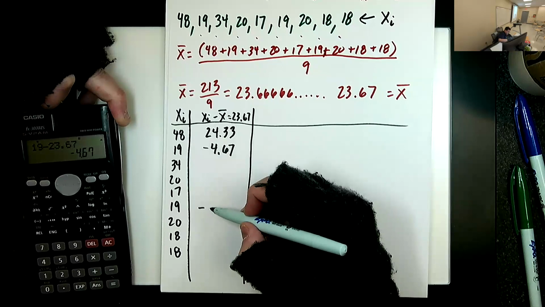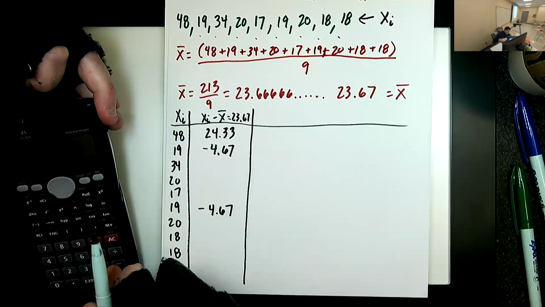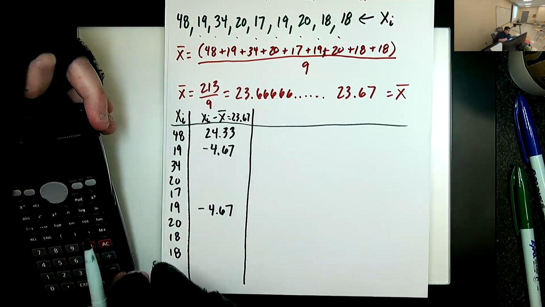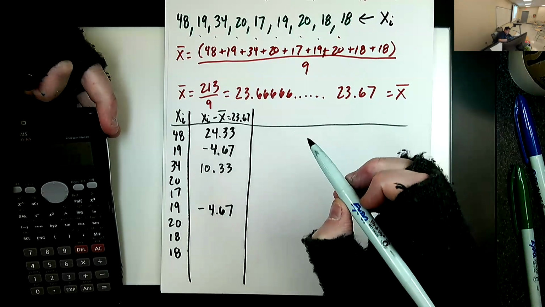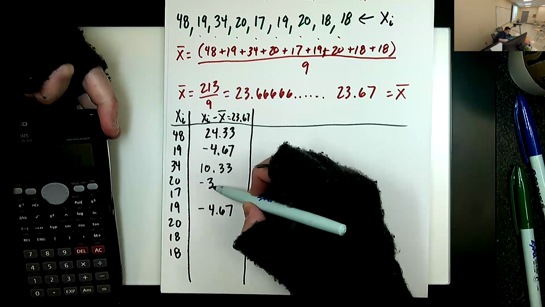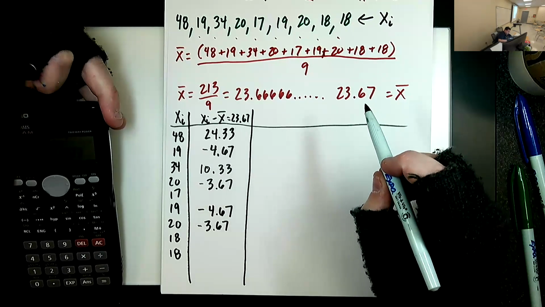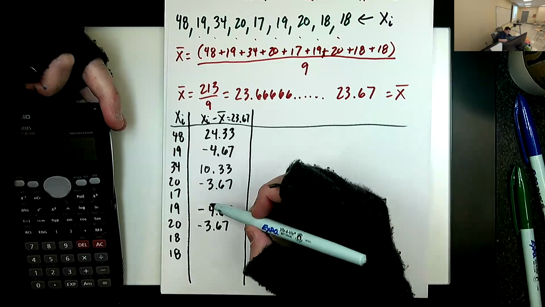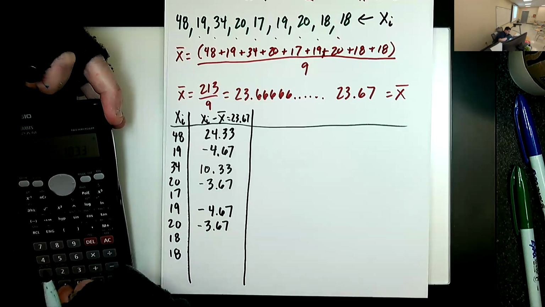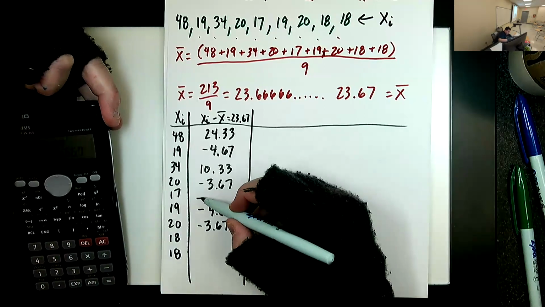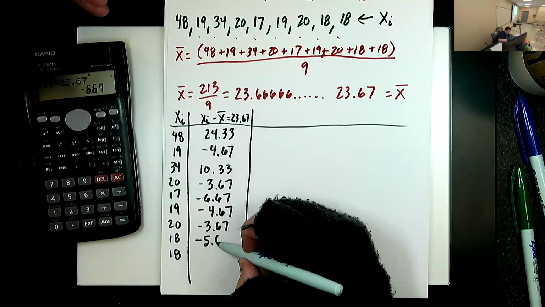And that's my 19 down here. 34 minus 23.67 is 10.33. 20 should be negative 3.67. That's one I can do in my head. 17 should be negative 6.67. Let me check though. And the 18s are both going to be negative 5.67.